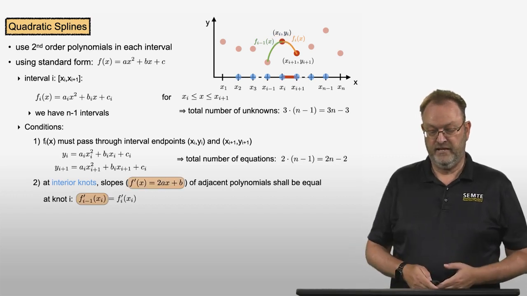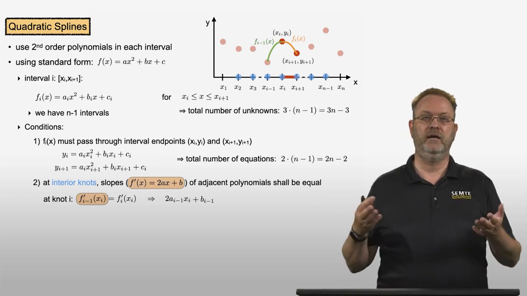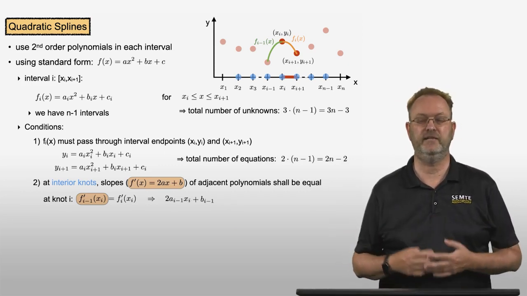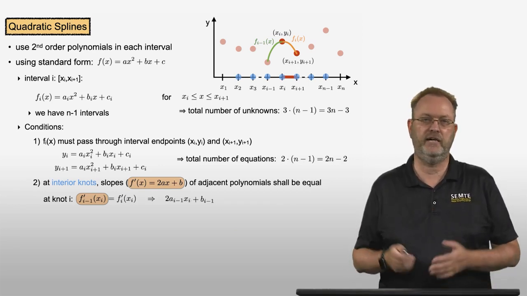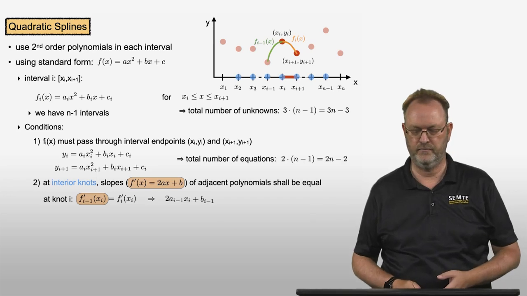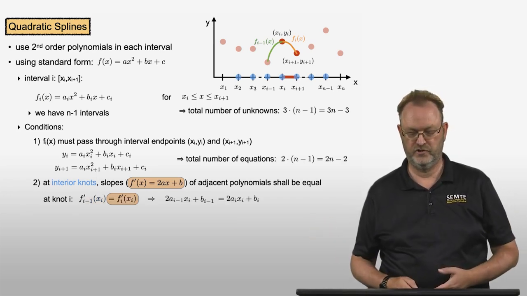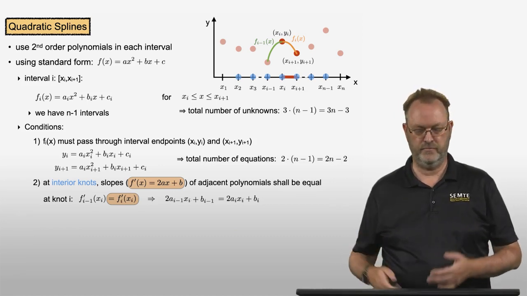So let's plug this in. F prime at interval i minus 1 uses the coefficients from interval i minus 1, so 2a sub i minus 1 times xi plus b sub i minus 1, right? I'm in the i minus 1 interval. And that's supposed to be equal to f prime from the ith interval, so equal to 2 times a sub i times xi plus b sub i.